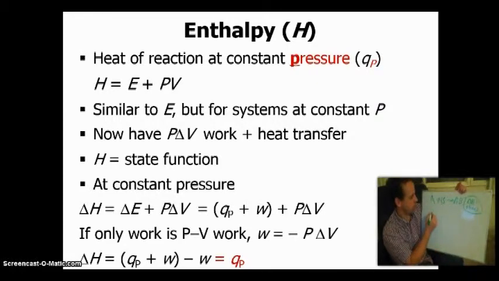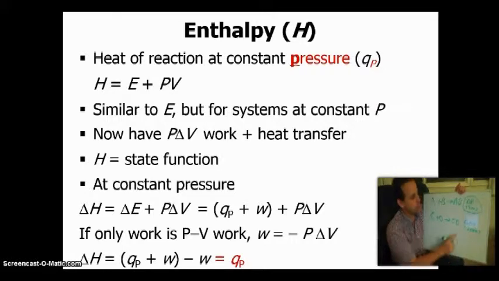So let me write down a different kind of reaction here. Let's say we have C plus D going to CD, and the delta H, the enthalpy information associated with this reaction, is a negative 200 kilojoules of energy. Let me translate this into English. 1 mole of C reacts with a mole of D to produce 1 mole of CD, and the negative sign means it releases 200 kilojoules of energy.